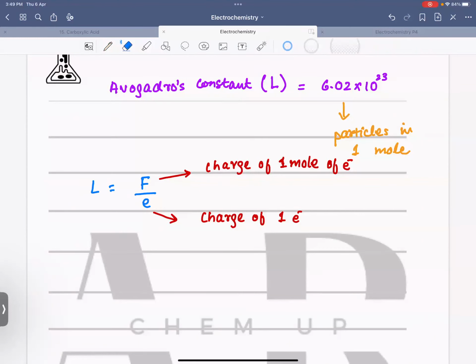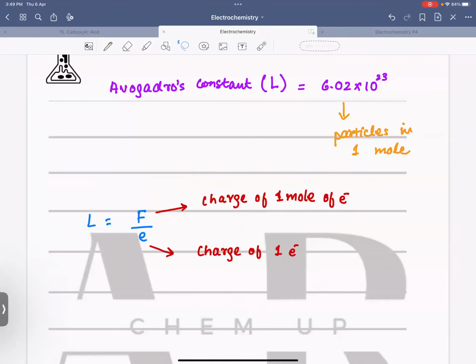Okay, so we are going to use this expression.